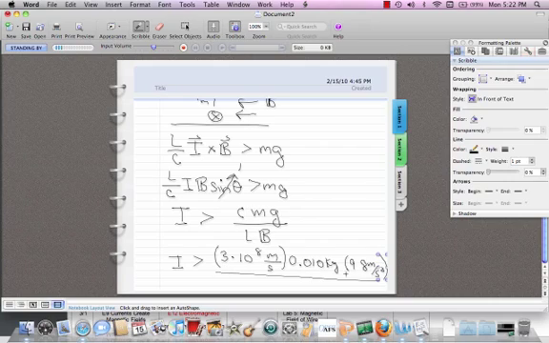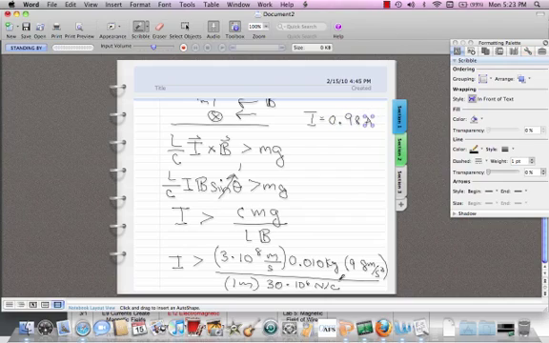And now divided by L, which is 1 meter, and B bar, which is 30 times 10 to the 6th newtons per coulomb. When I multiply that out, I get 0.98 amps.